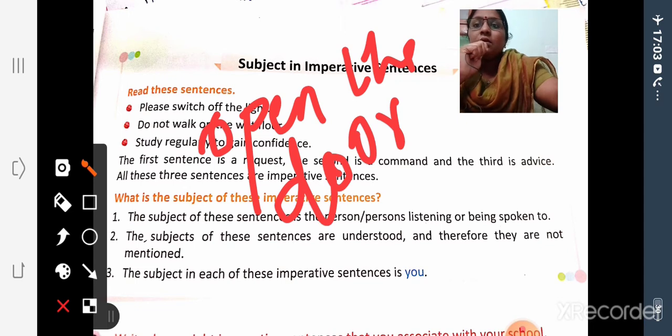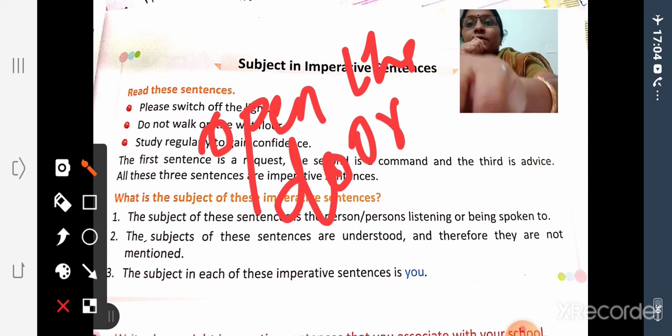So open the door means: will you please open the door? Close the door means: will you close the door? Wash your hands means: you should wash your hands. Bring me some water means: you bring me some water. So the subject in an imperative sentence is always you.